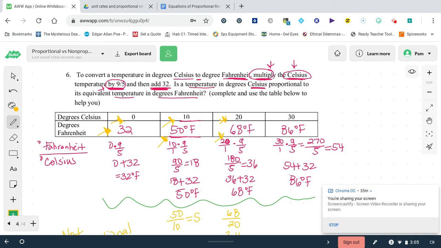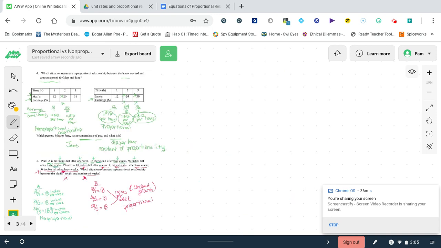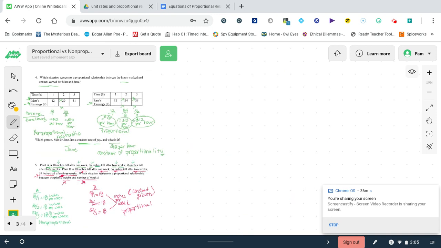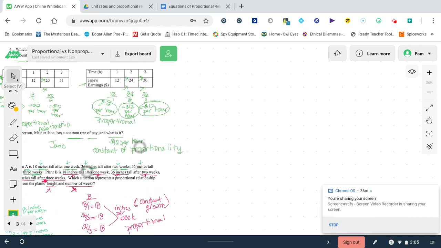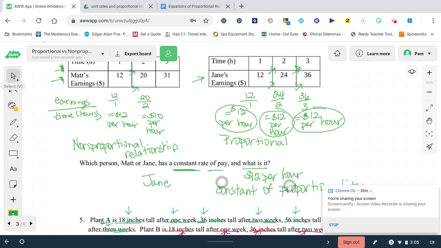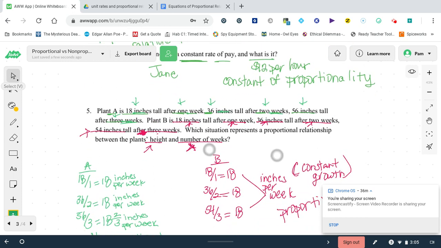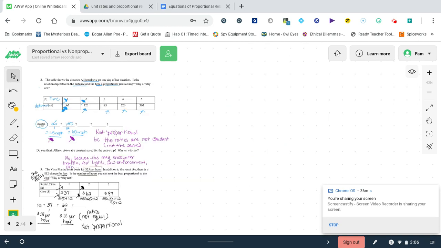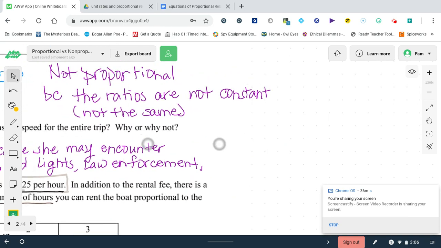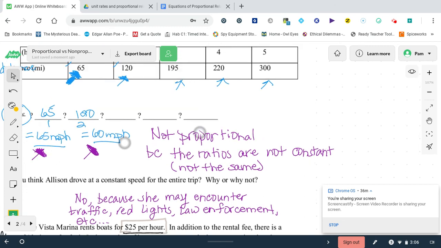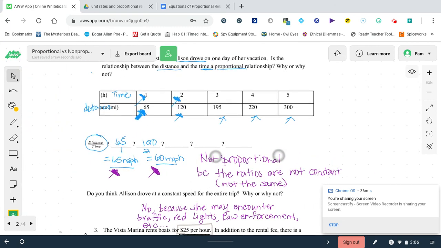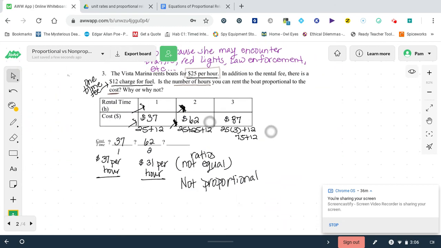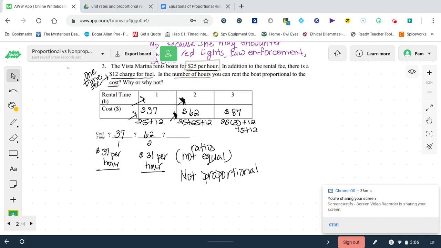Like here, I'm adding 32. And on this other page, the boat problem, Example 3, I was adding the $12 on. It was throwing it off. That's why it made it not proportional.